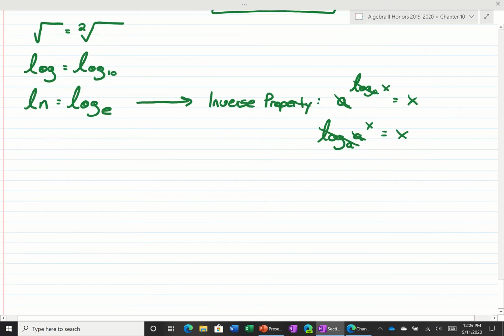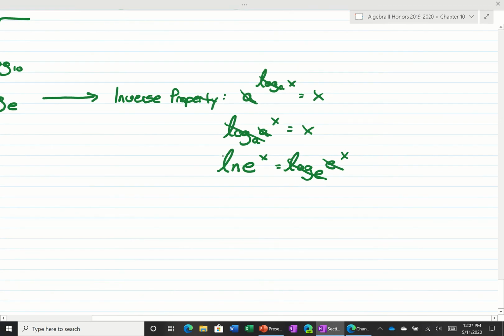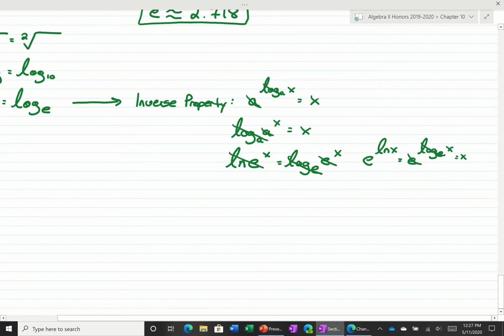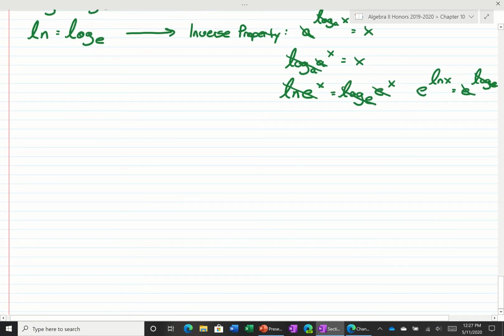So with ln, if you have the ln of e to a power, really this is log base e of e to a power, and they cancel. So anytime you have ln and e next to each other, you could just cancel them out. It's the same thing if you had e to the ln of x. That's really just e to the log base e of x, and you know that they cancel out and you would just get x. So let's take a look at some problems with e, and then we'll go over a few more logs and that'll be it.